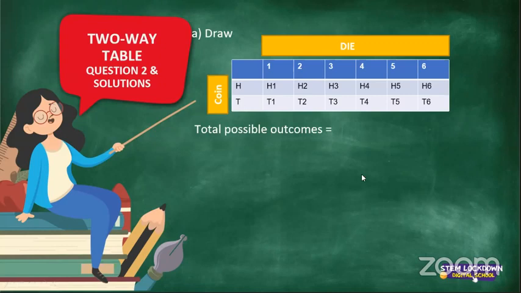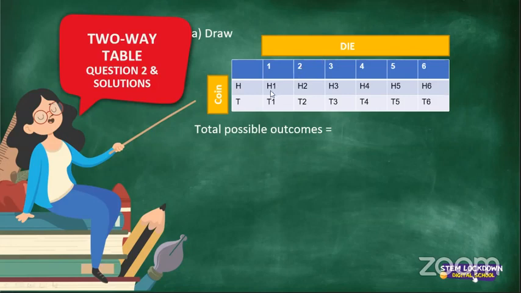I've got it ready. Okay, how many possible outcomes do we have for this two-way table? There we go, 12. Megan says 12.